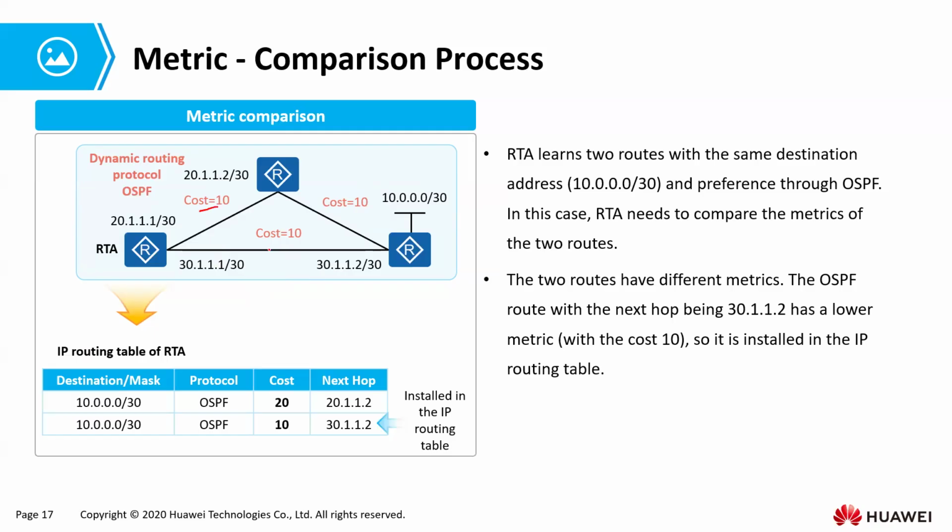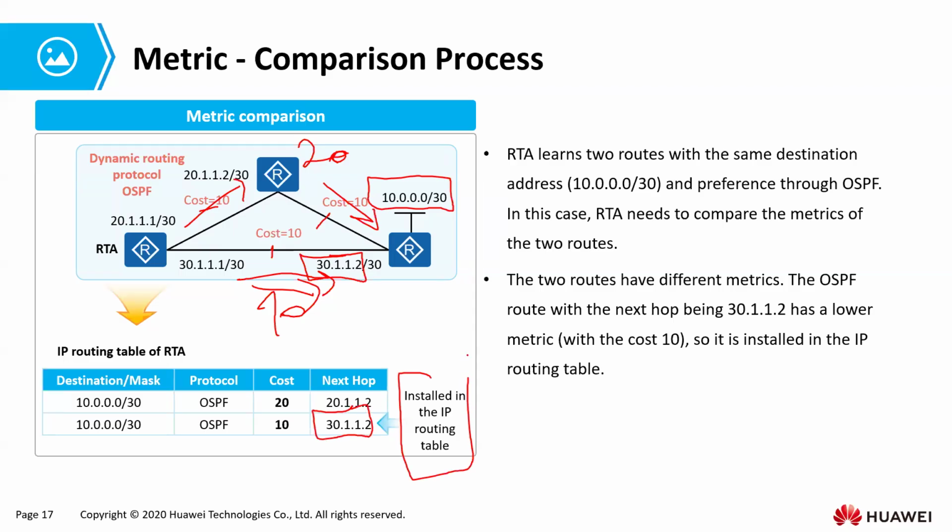The cost here is 10, for this link 10, for this link 10. So to get here, you realize the cost from here to here is 10 only. From here up to here, cumulatively, it's 20. So the link with the lower cost is the one that is put in the routing table. The one with this next hop, 3112. 3112 is what will be put in the routing table after we've made the comparison in the metric.